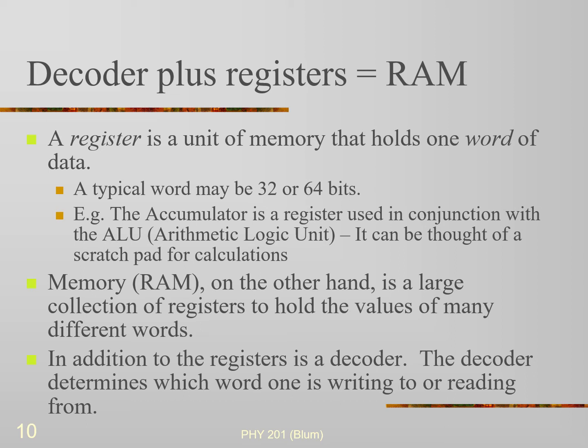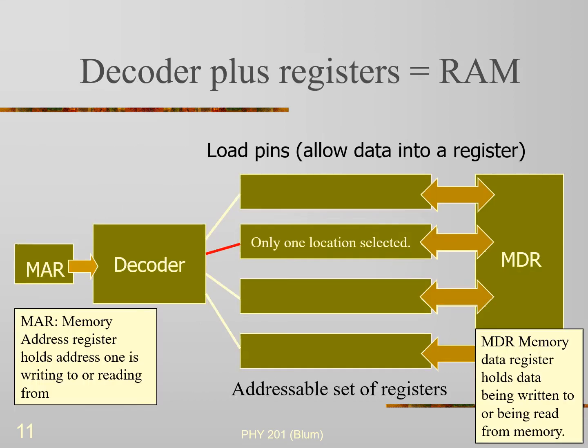That's what we mean by random access: supply some address and then get the data that's being stored at that address. And so we have a set of registers, and then we also have a decoder, and the job of the decoder that we saw is to pick one thing. In the case of RAM, what we are picking is one register from among the set of registers.